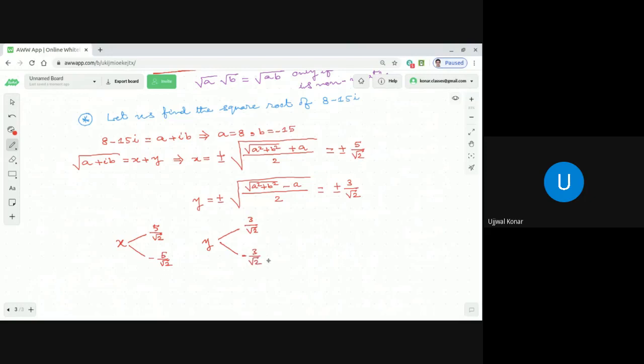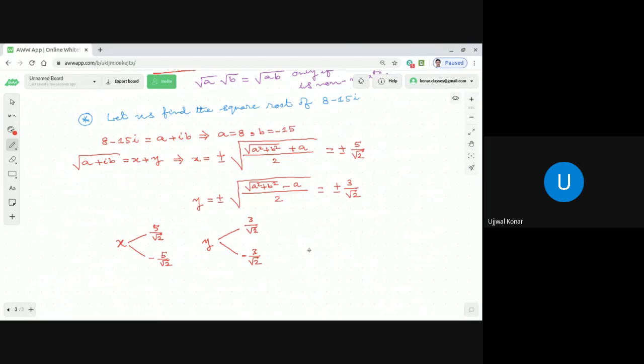Now, which one to take? That is driven by whether b is positive or negative. You see, dear students, b is minus 15, which is negative. So x and y have opposite sign, correct or not?